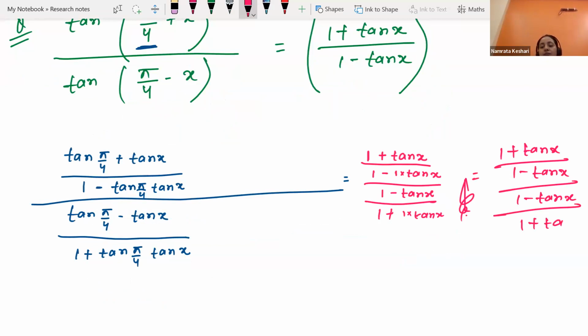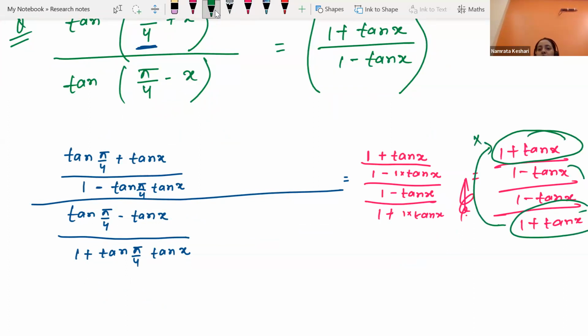Now, you must know that whenever we have fraction by fraction, the quicker way is to multiply the extreme end terms together, and the middle two together. So 1 plus tan x and 1 plus tan x multiply together, giving 1 plus tan x whole square, and 1 minus tan x twice gives 1 minus tan x whole square.